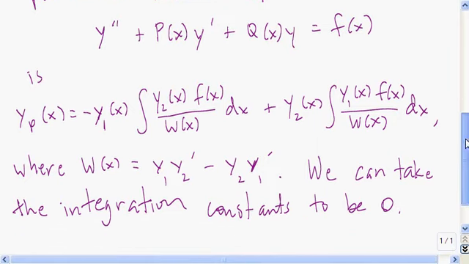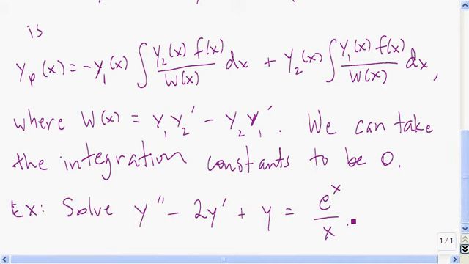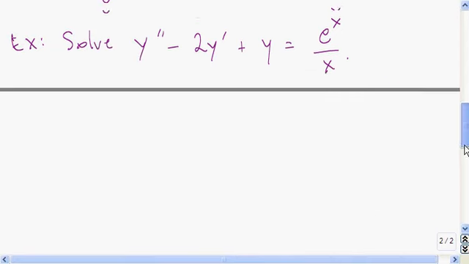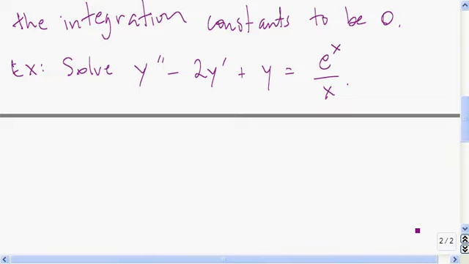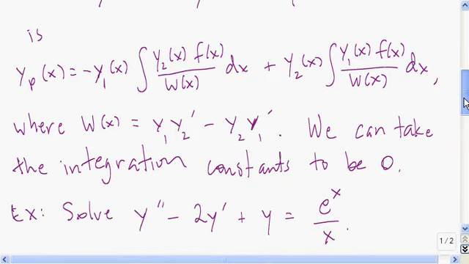Okay, so let's do an example. We will find the general solution to this non-homogeneous differential equation. First we have to know what yc is, the solution to the associated homogeneous differential equation.